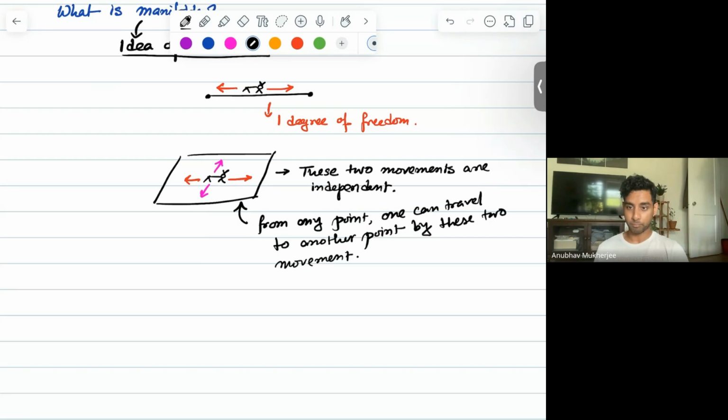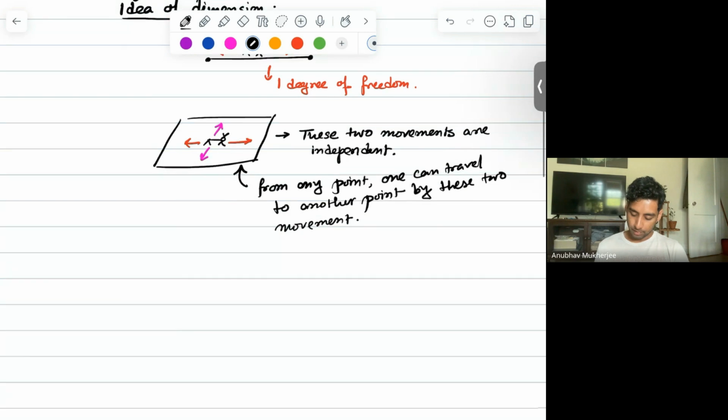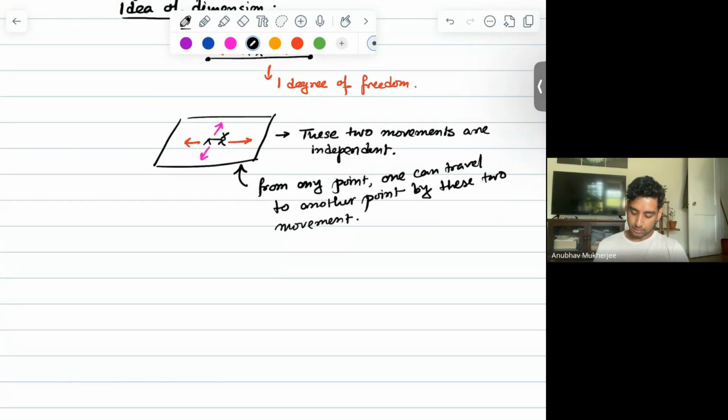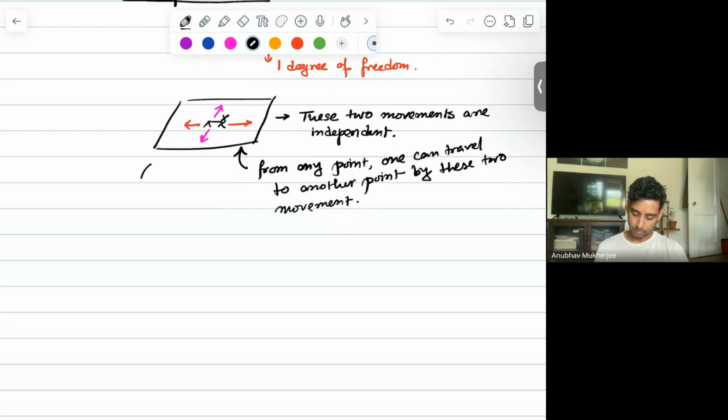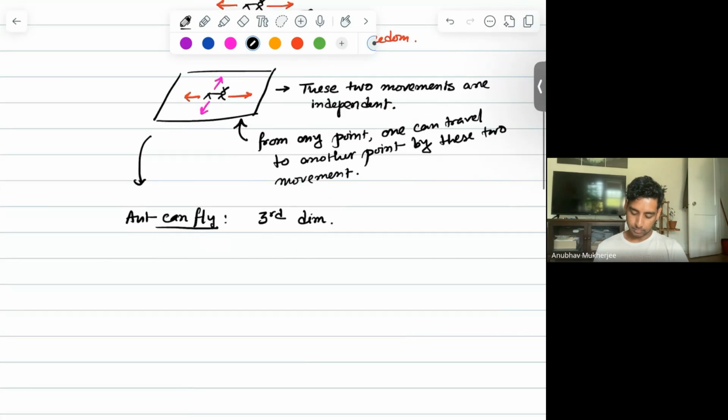Dimension 3 would be if you imagine that this ant can now start flying. Now that the ant can also fly, it will unlock the third dimension. And now let's imagine that with flying ability, it also gets an ability of time traveling.